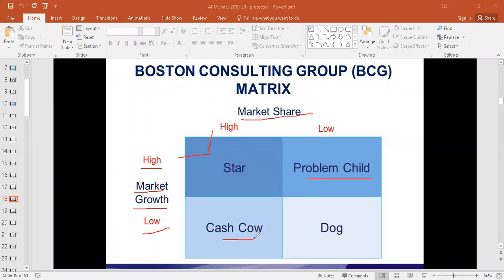At the same time, there is no scope for them to grow in the future as well, because the market also has reached the stage where there is no growth possibility present for them. So then they are categorized as dogs.